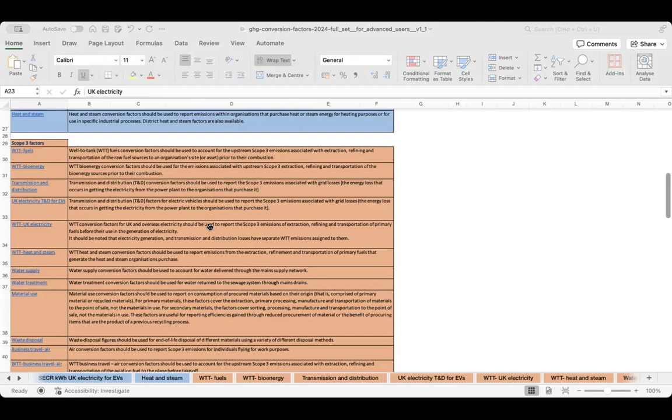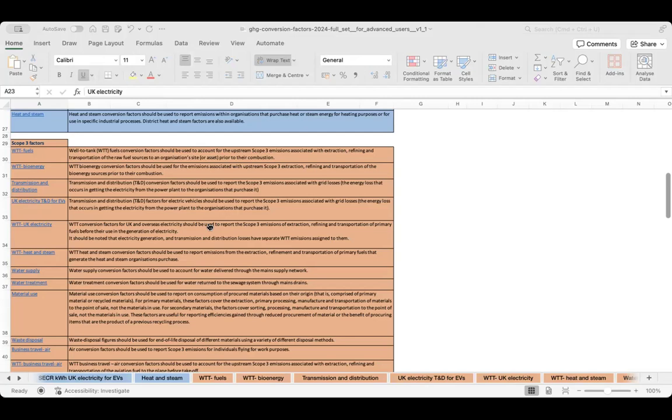Now, there is one special note here which you should not ignore, and that is well to tank. Well to tank. It is called WTT emissions. So when exploration of the crude oil happens, then processing happens and it goes into the tanker, all that also gets recorded somewhere. Somebody has to take the emission factor there as well, right?